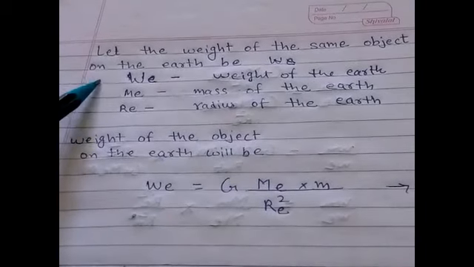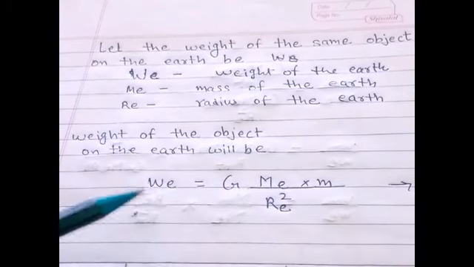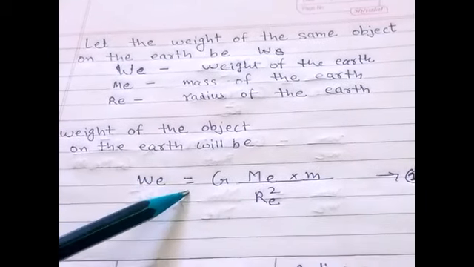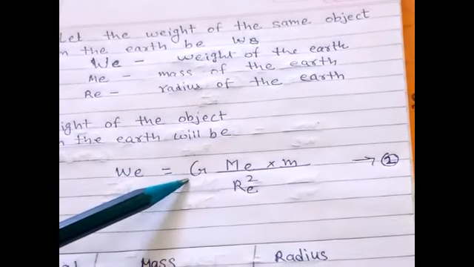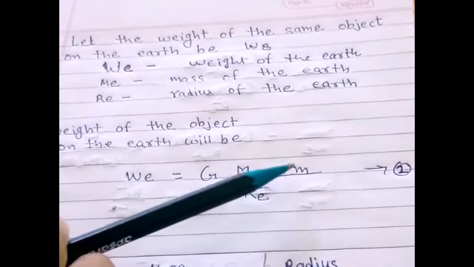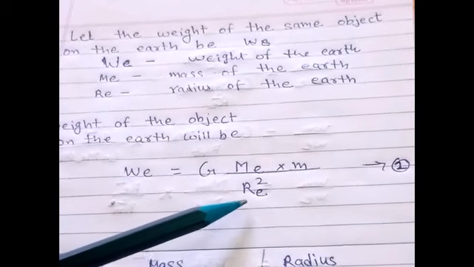Similarly, we can find out the weight of the same object on the earth by using the same formula. Weight of the object is equal to G, the universal gravitational constant, times the mass of the earth multiplied by the mass of that same object, divided by the square of the radius of the earth.